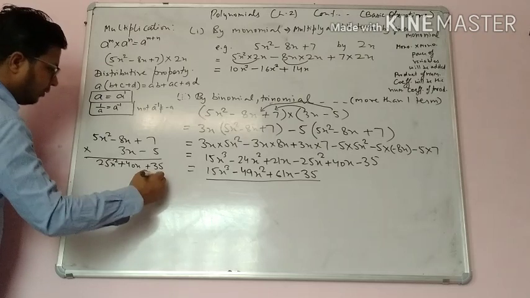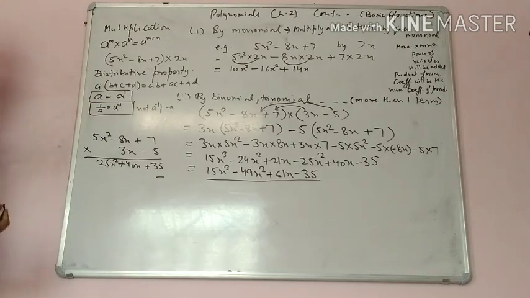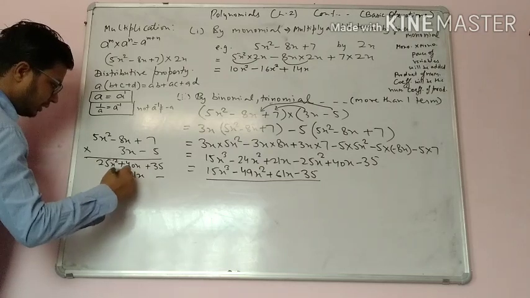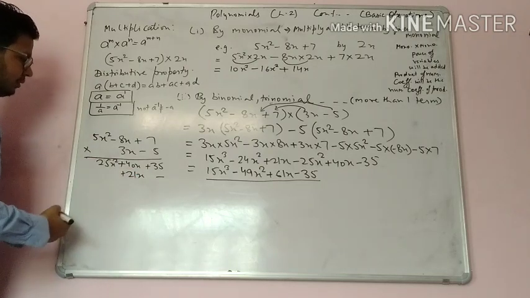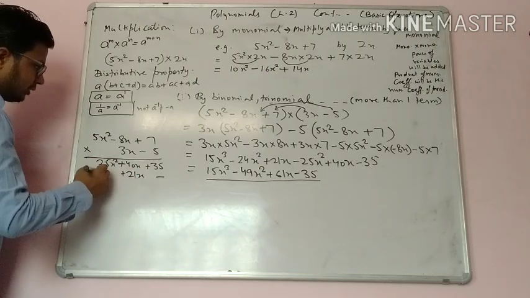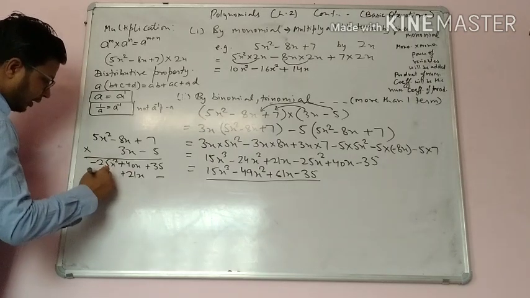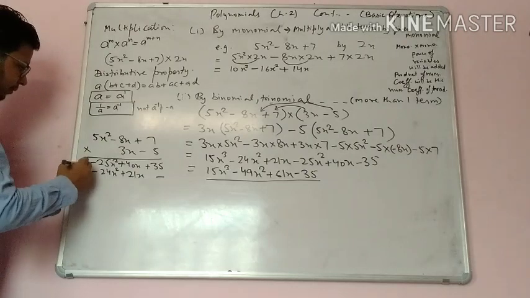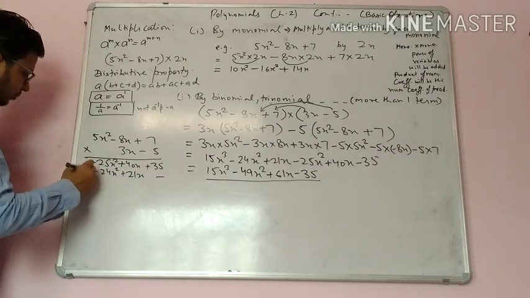Clear? Now leave the blank sign like you do in the multiplication. 3 into 7 is 21x, 3 into 8 is minus 24x square, and 3 into 5 is 15x cube.